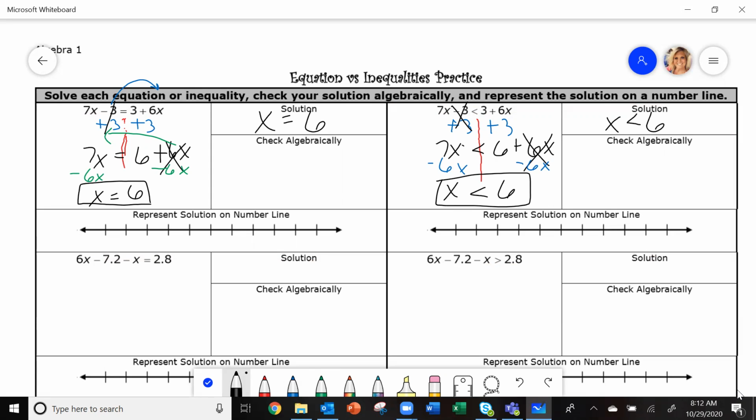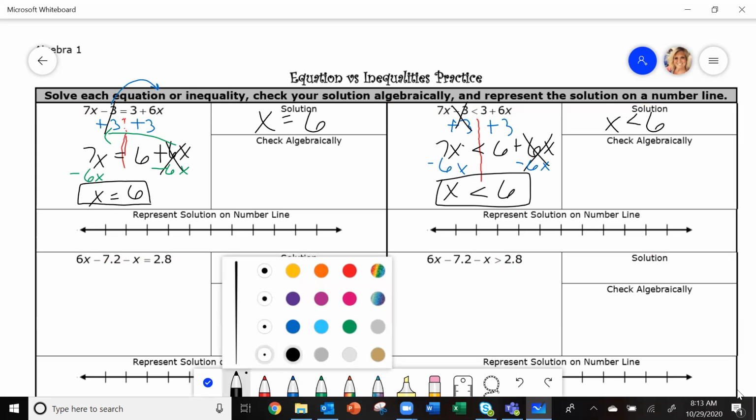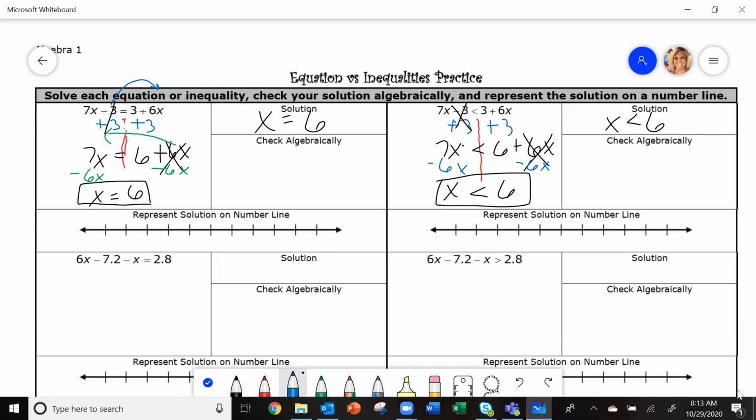Okay? So now, when they talk about checking it algebraically, it's checking to see if it makes it true. I'm just going to show you this the first time. It's the same as taking my equation, 7x minus 3 equals 3 plus 6x.